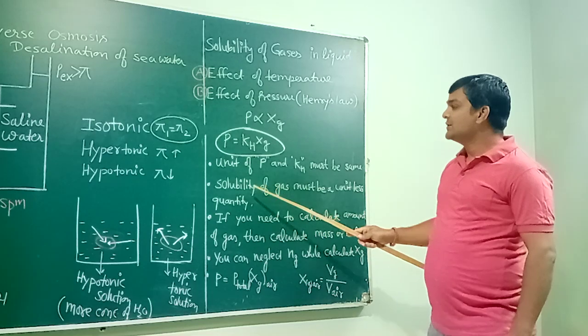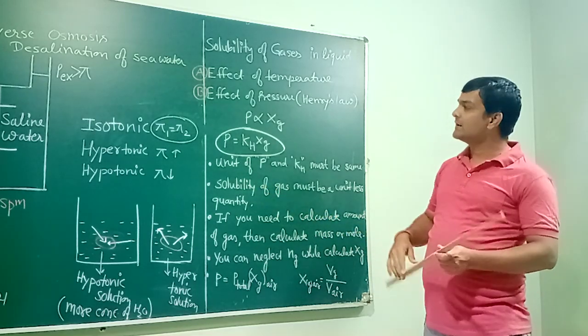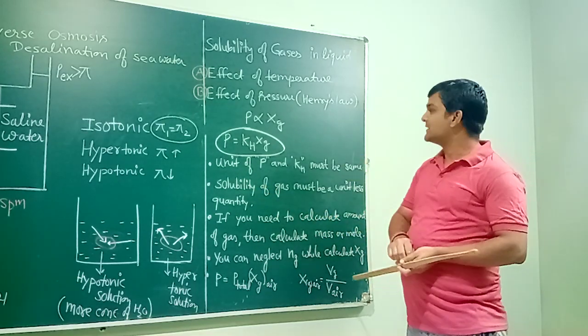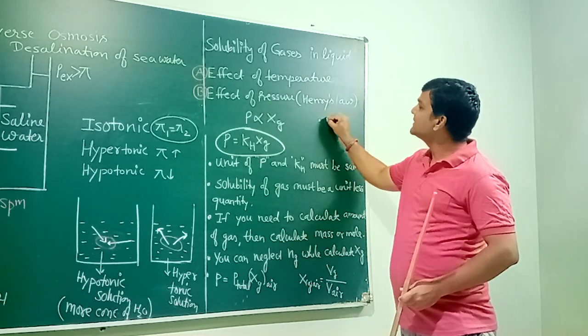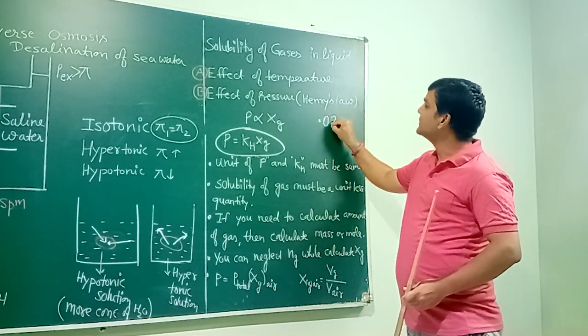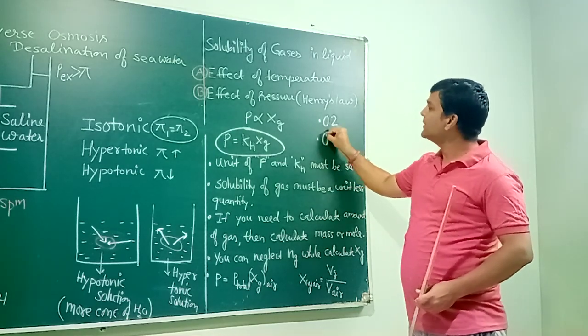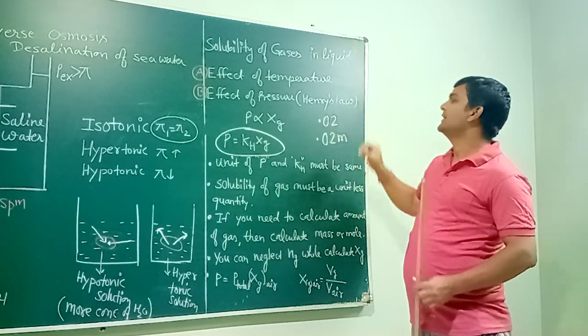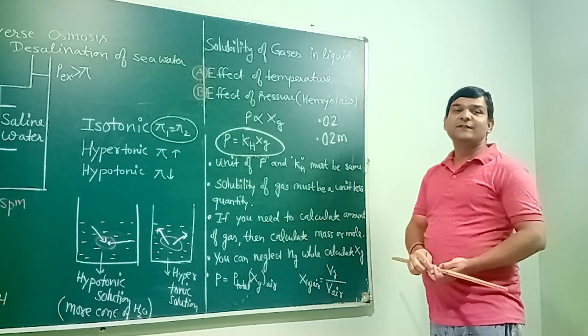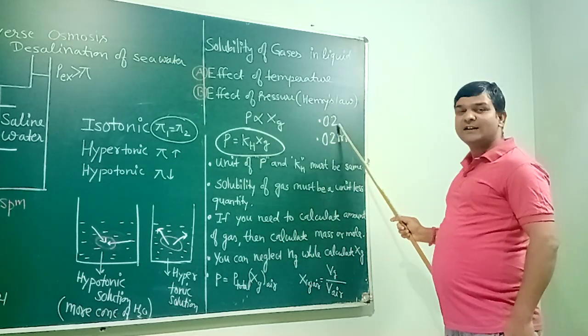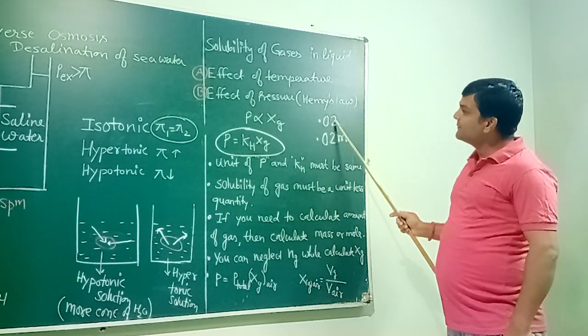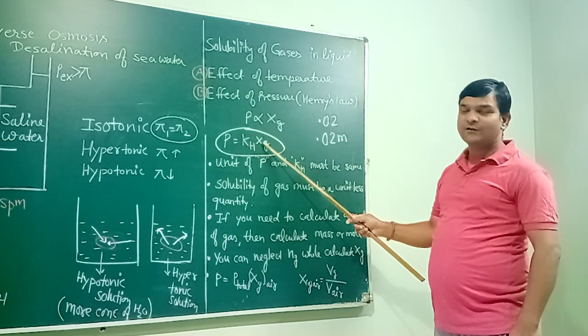Second point, solubility of gas. Sometimes you are given that the solubility of a gas in a liquid is 0.02, and in another question you are given that the solubility of the gas is 0.02 m. The first question is easier for you because it is a unitless quantity. You can directly put this quantity in this formula.